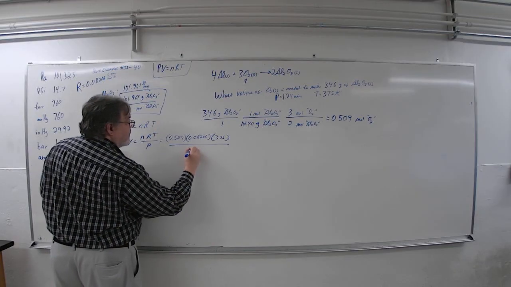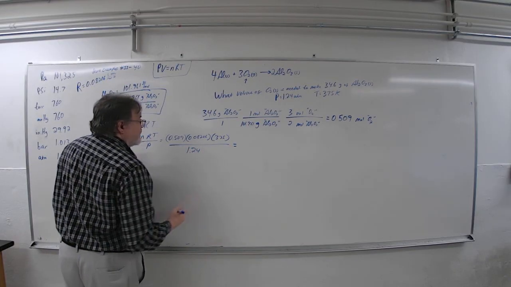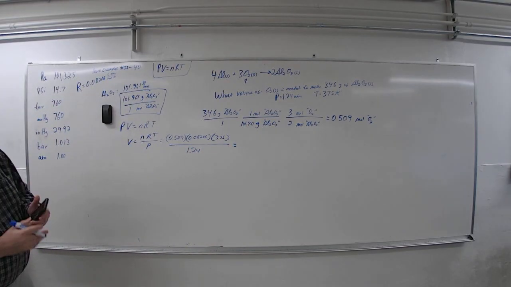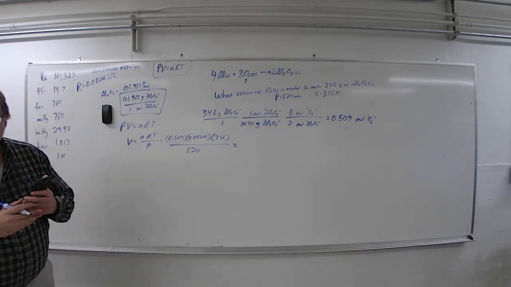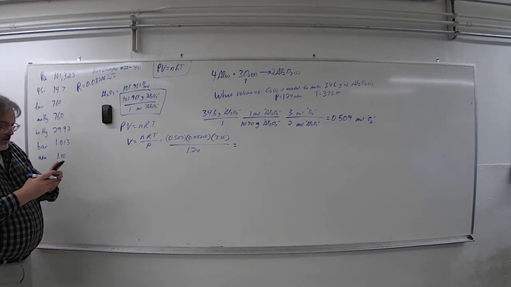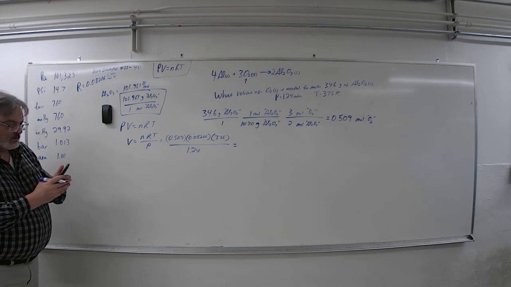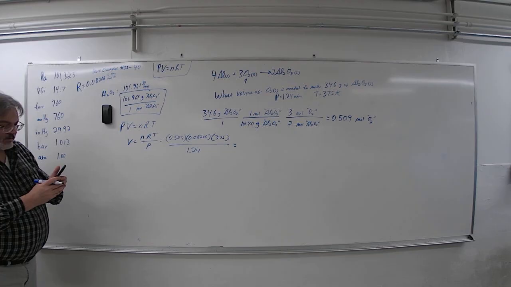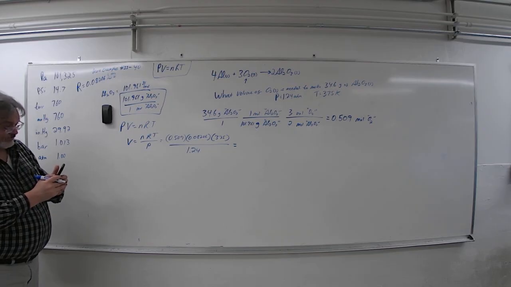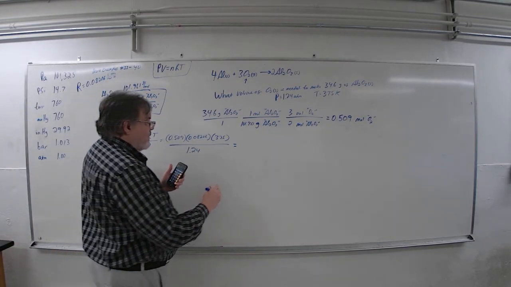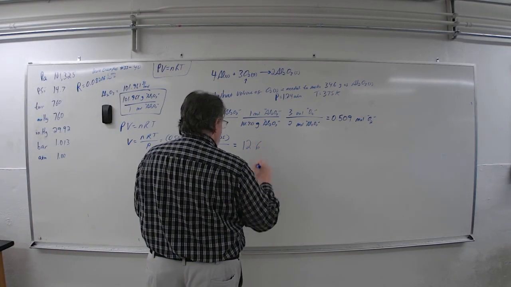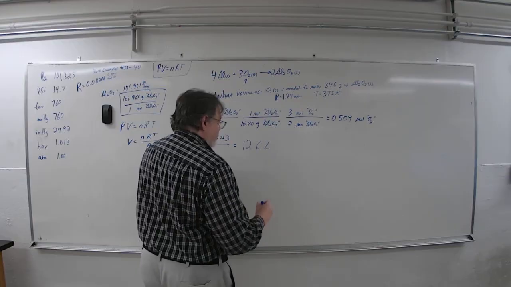Temperature is 375. And pressure is 1.24. And that will tell us the volume of O2 needed to create 34.6 grams of Al2O3. 0.509 times 0.08206 times 375 divided by 1.24.